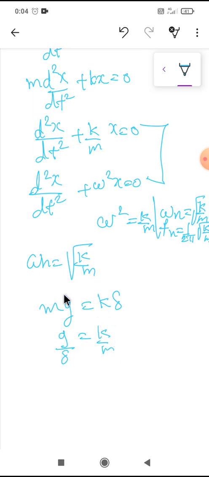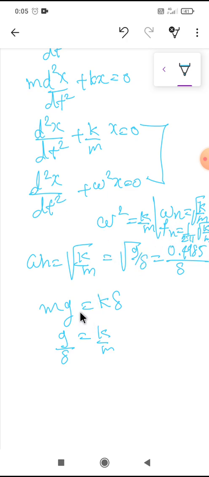So I can write omega n equal to under root g by delta. Now g is the gravitational acceleration, 9.81, and its square root is 0.4985, so omega n is 0.4985 divided by delta. This equation is only useful when delta is given, while the earlier equation is more useful if mass and stiffness are given. According to the application, we can use either equation wherever required.